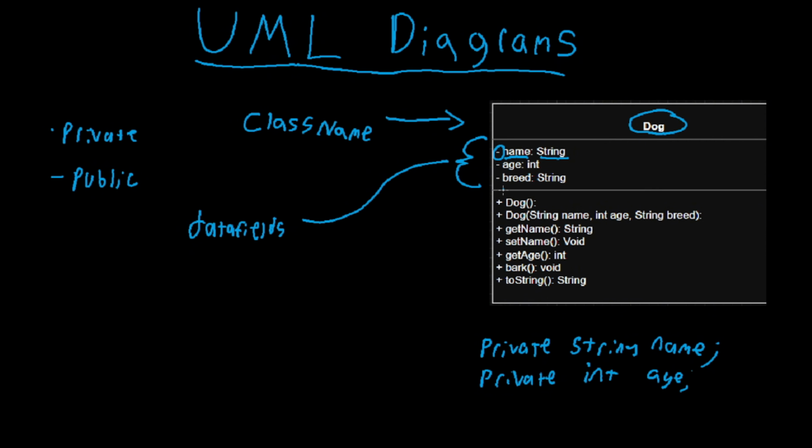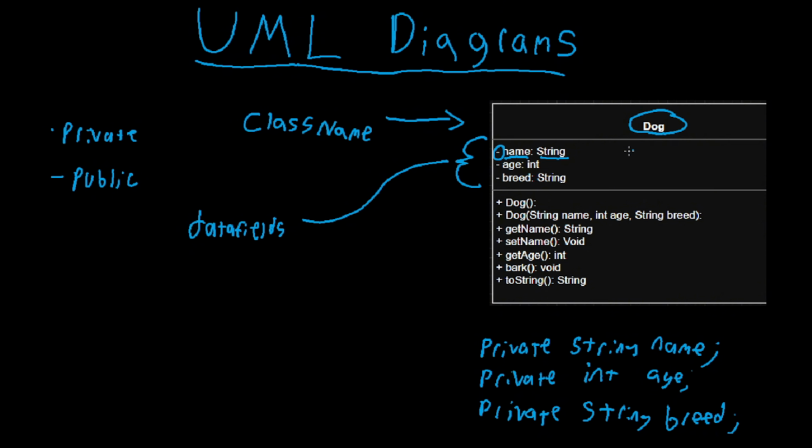And the last one, we see it's private on the left side. So this is another private one. We know that they're trying to encapsulate this data. Private String breed. So that's it. We already finished the first half of our UML. The top part is the class name.